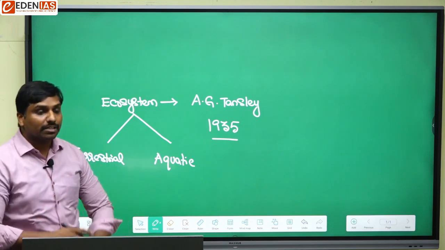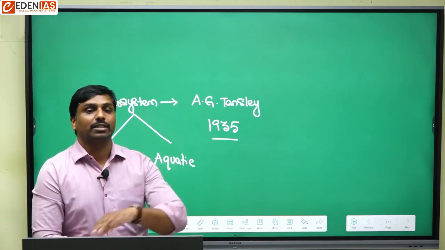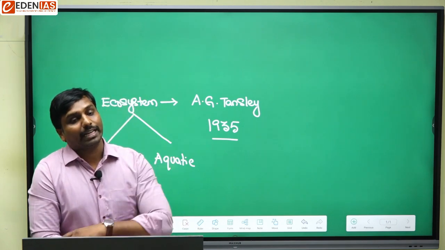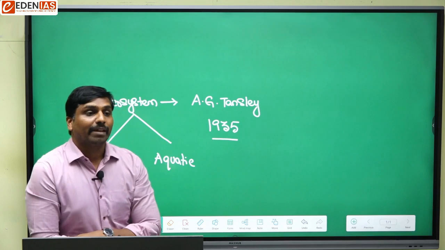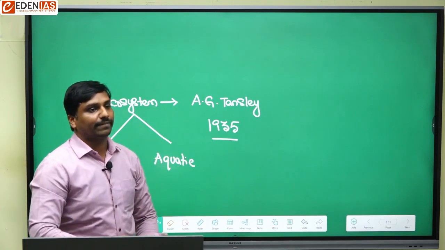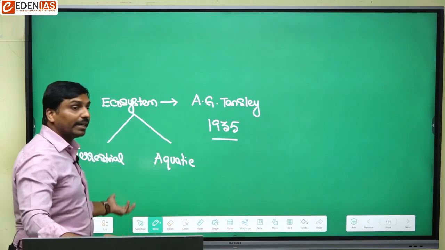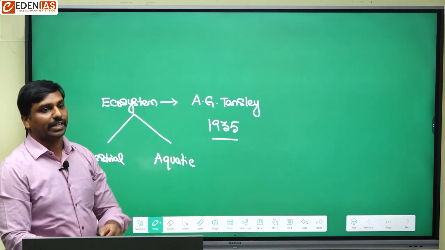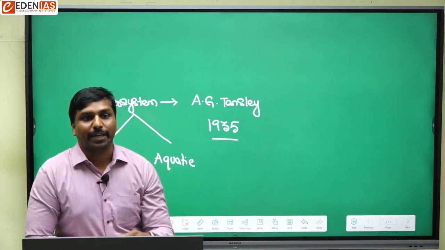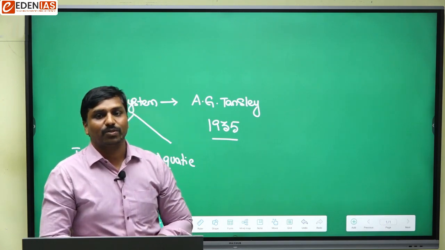If it is neither fresh water nor marine water, we call it brackish water. In terrestrial also we can have different ecosystems. When we go to ecosystem, we will study that. Here we are introducing the definition. We have to discuss ecosystems in detail.